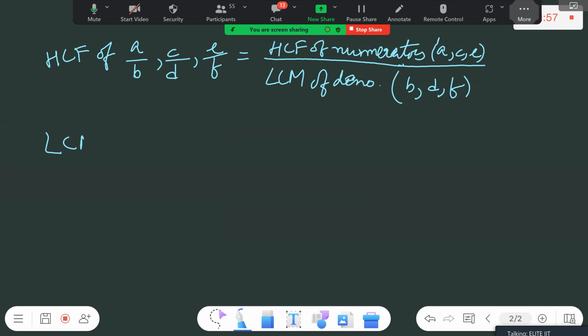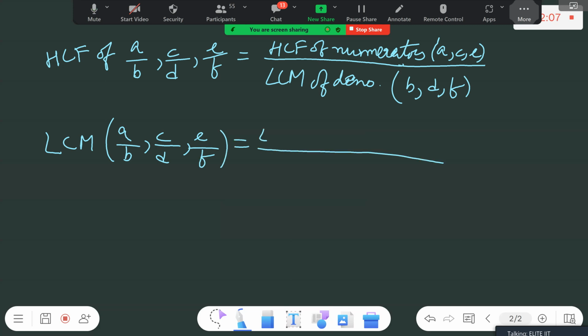And for the LCM of the fractions, it will be LCM of numerators by HCF of denominators, isn't it?